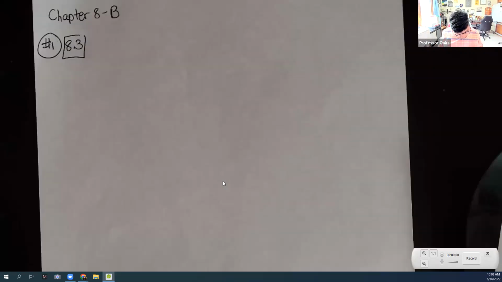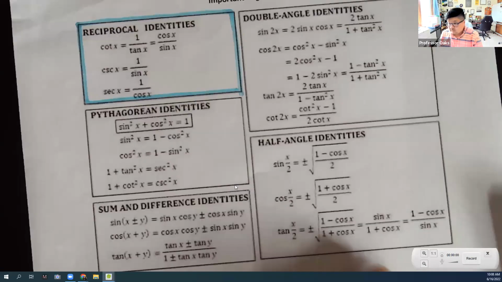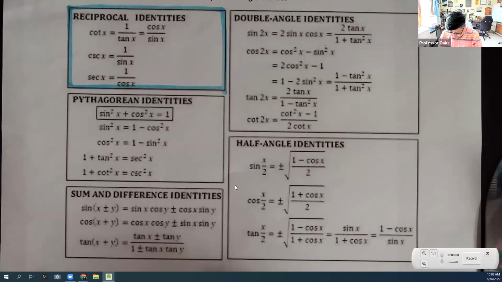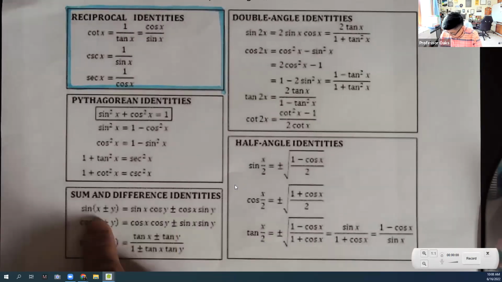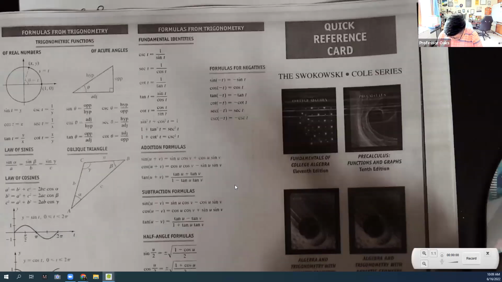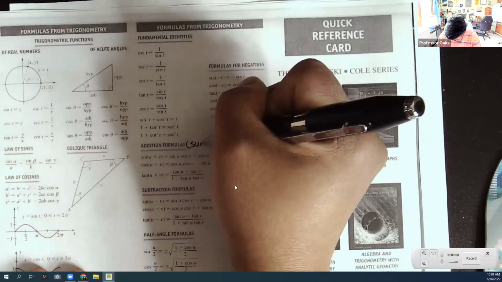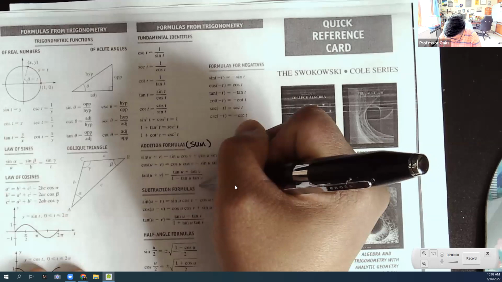point out though that in a lot of cases, and even in the book that you have, they give them in this form right here. But the reason why I like this other handout is because they separate the ones that are the addition or the sum formulas from the ones that are the difference formulas.